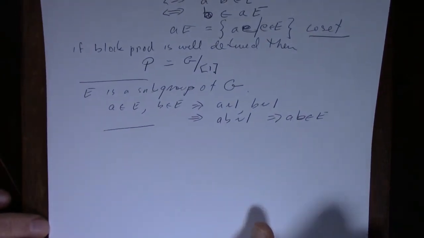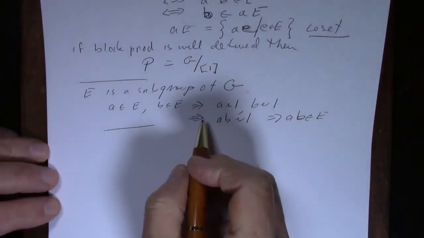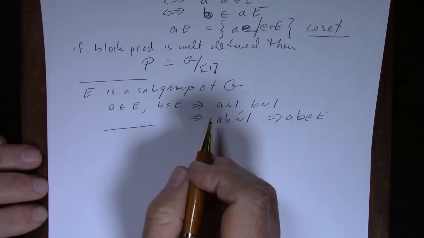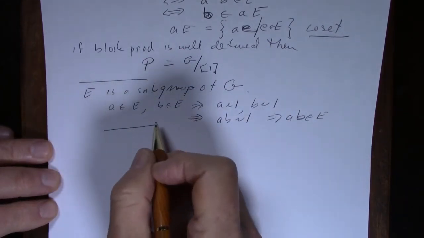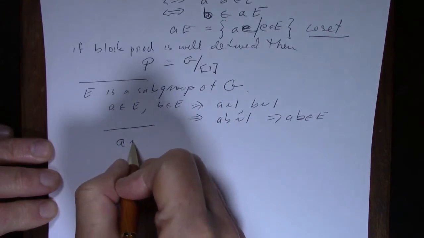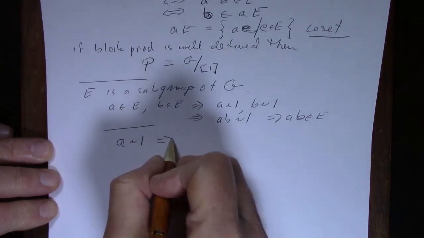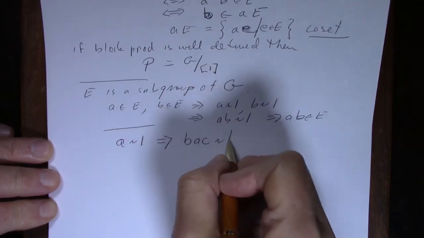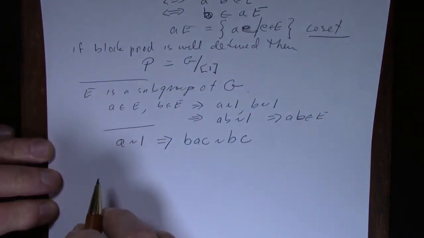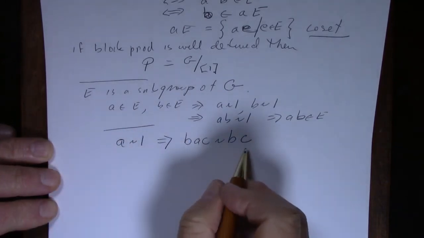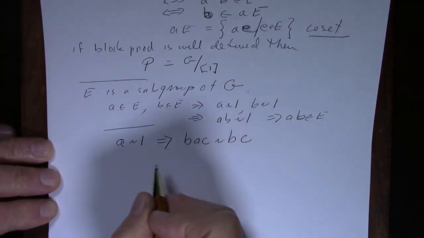But it's not just any subgroup. The pre-post multiplication condition implies that if A is equivalent to 1, then BAC is equivalent to BC. And why not take C equal to B inverse?